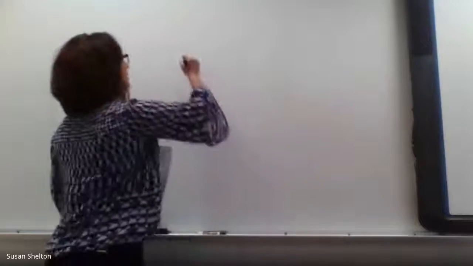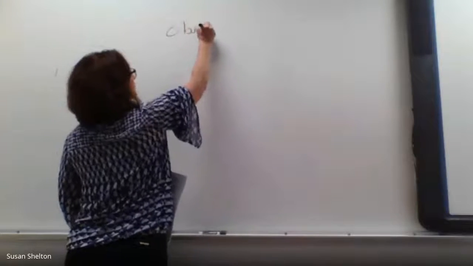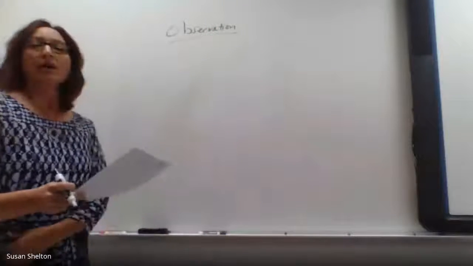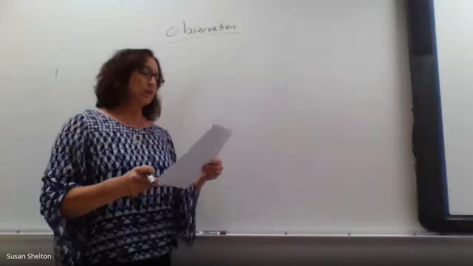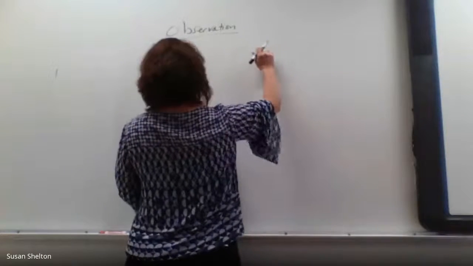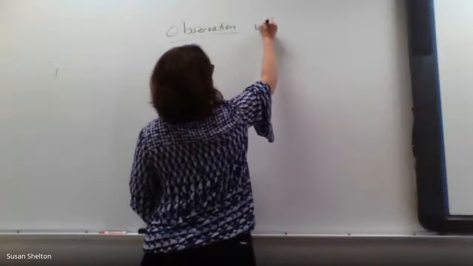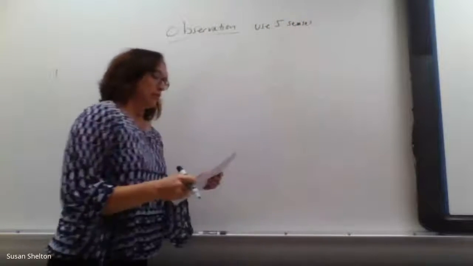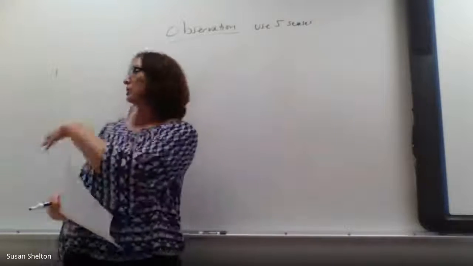Number 1 on your sheet should be observation. With the word observation, you're going to use your 5 senses. So when you're filling in your sheet, you're going to use 5 senses to observe.